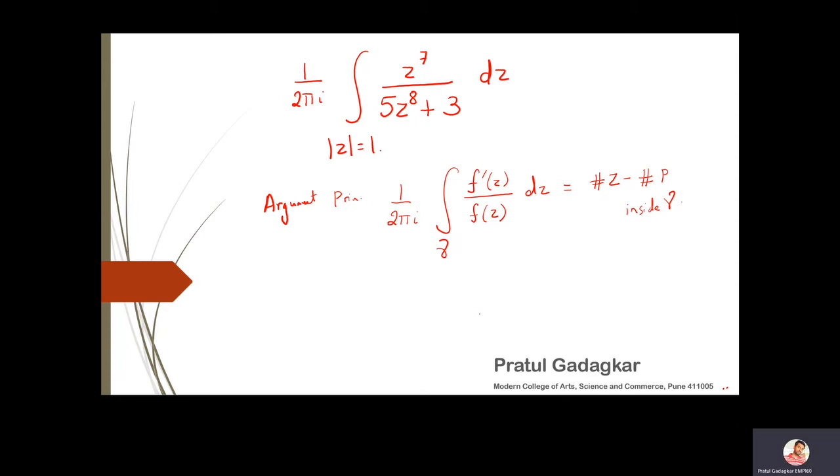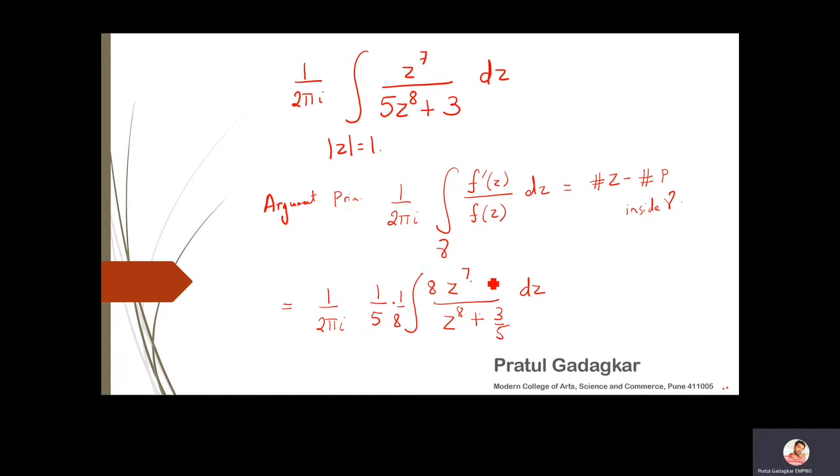Okay, now here in this problem, when I take 1 over 2 pi i and I pull out this 5, this will become 1 by 5 integral z raised to 7 over z raised to 8 plus 3 by 5 dz, and the derivative of z raised to 8 is 8 z raised to 7, so I'll multiply and divide by 8 also.